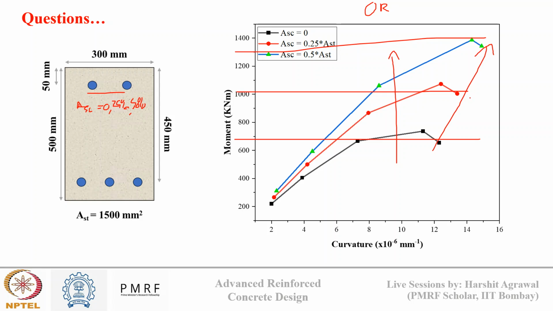But in this case the curvature also increases because we are increasing the area of steel in the entire member. The steel is yielding, and that is giving more curvature to the system. So this is the effect of area of compression reinforcement.